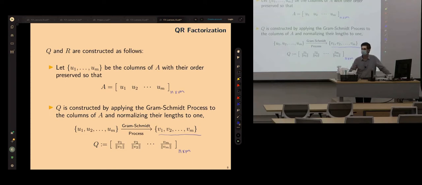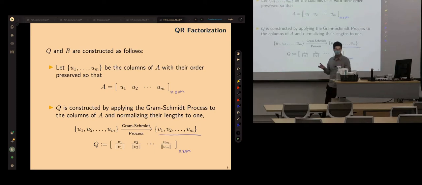Then you have your function: you pass your matrix to that modified Gram-Schmidt function, and you get your orthonormal matrix Q. So that's how we construct Q. It is clear that the columns of Q are orthogonal, and normalized, orthonormal. That's just the product of the Gram-Schmidt process. We just defined Q to be this way.